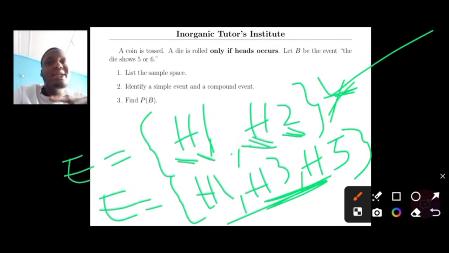So in that case, it's not just one way that we can satisfy that. Someone can get head and 1, is satisfied. Someone can also get head and 2, is also satisfied. So once there are more than one way to satisfy the condition, we say that is a compound event. Okay, so just pick any element from the sample space and write them nicely.